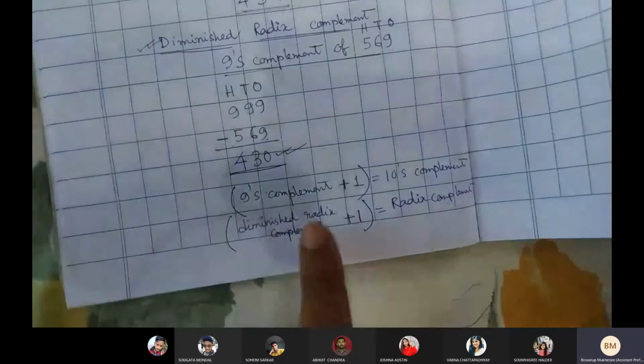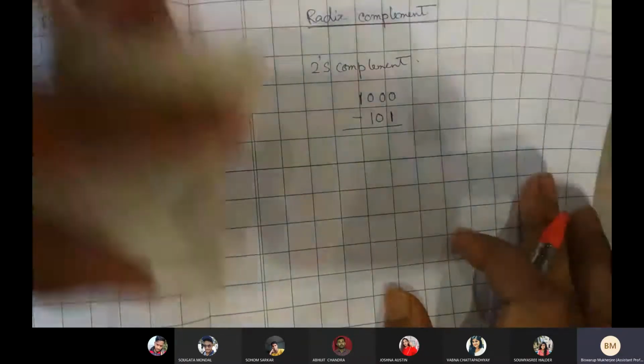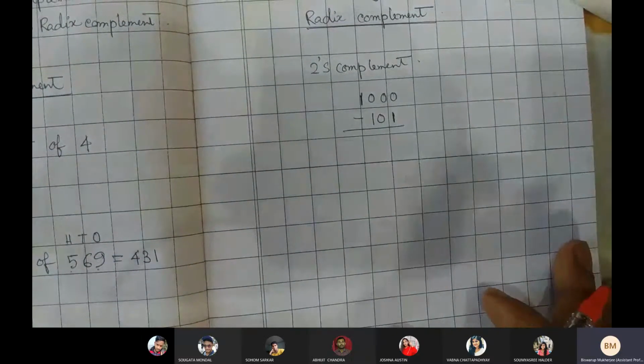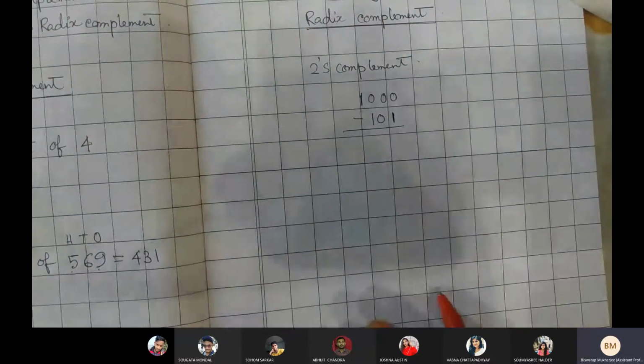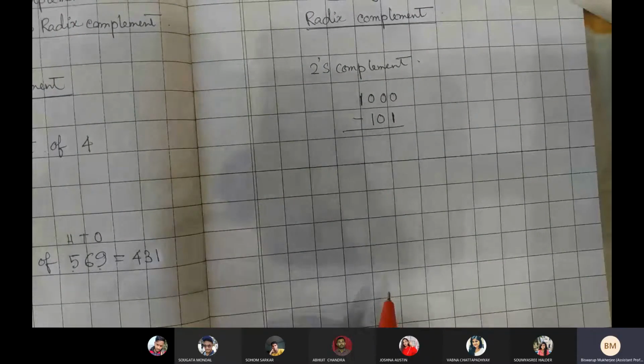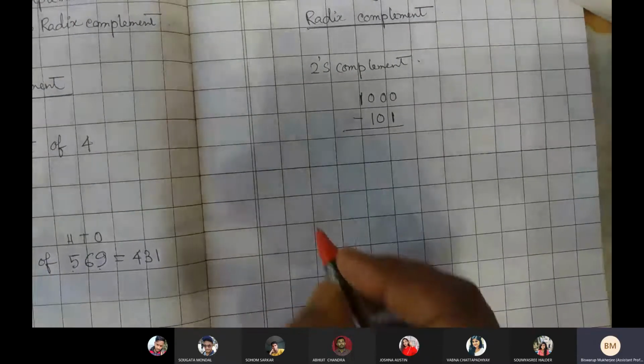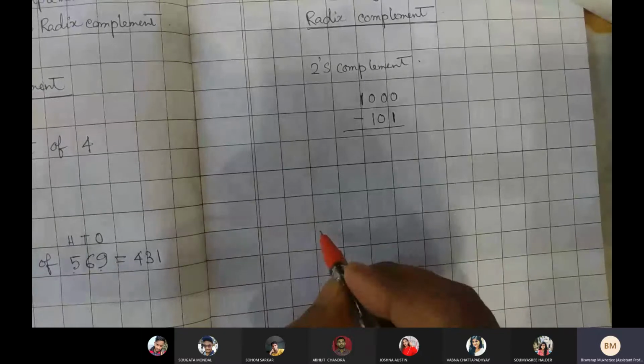Now the same property we'll be using right over here. What would be the advantage? We'll be coming to that. So instead of going directly like this, let us start with the diminished radix system.